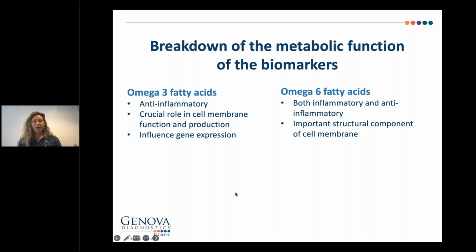And of course, throughout evolution, the dietary intake of omega-3 and omega-6 polyunsaturated fatty acids has proportionately changed from a ratio of 1:1 to 20:1 or more in favor of omega-6 fatty acids. And this shift has coincided with an epidemic of obesity, metabolic dysfunction, and many other significant clinical implications.